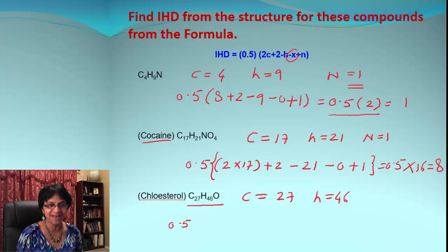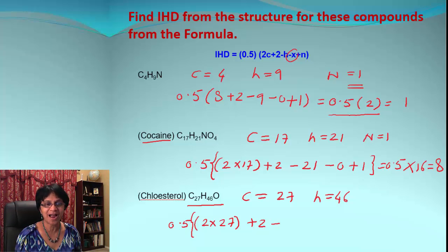It's 0.5 times 2 times the carbon atoms, which is 27 times 2, plus 2, minus the number of hydrogen atoms, which is 46. And that's it, because we don't have any halogens or any nitrogens. So that comes out to be 0.5 times 10 when you work it out. And the final answer is, of course, 5.